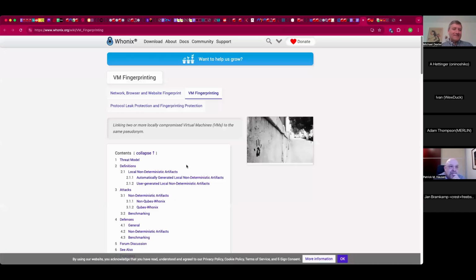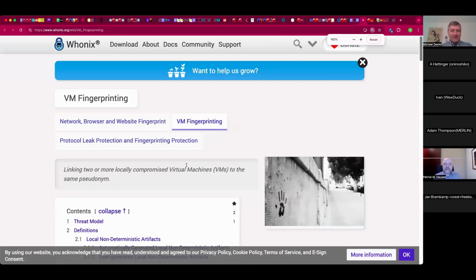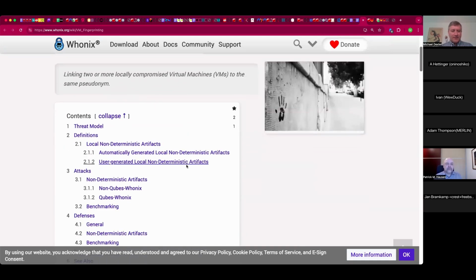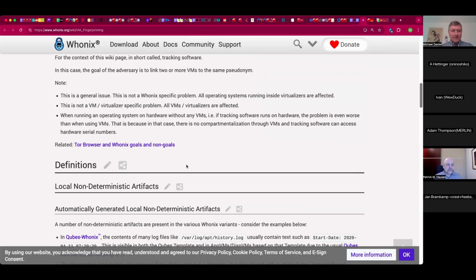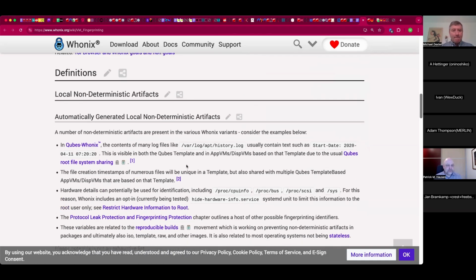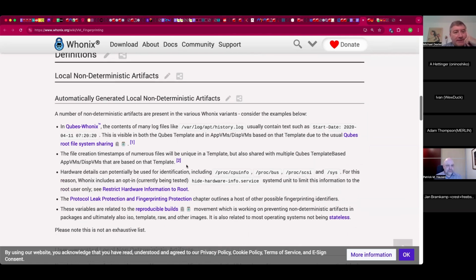I remember that too. Okay, this was interesting because it uses a bunch of phrases I had not put together. First, VM fingerprinting, artifacts, footnotes, threat model. Sorry, is that linked in your document? I dropped it in the chat. Oh, okay. Hang on. Yeah, so the back channel is chat, and I do have it now linked in the document.